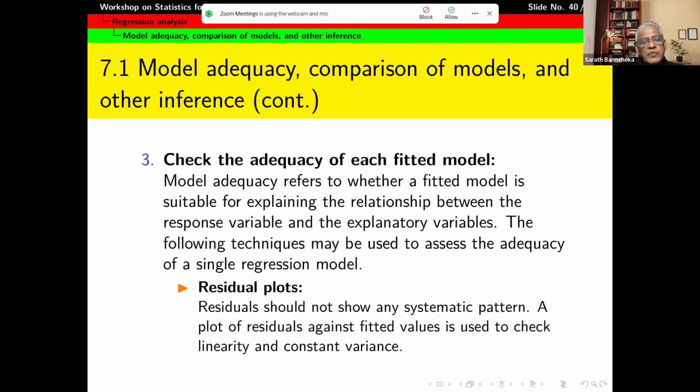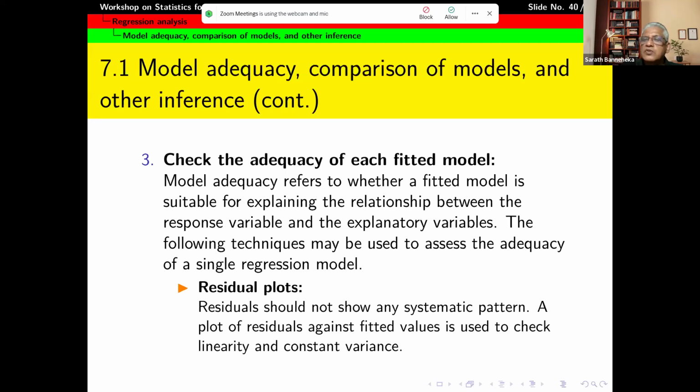And also residual plots are used to check the assumptions regarding the regression model. We will talk about those things later. So that is a big important part. Residual analysis, we call it, right? Because when you are later on doing some inference, there will be some test of hypothesis carried out regarding the parameters.